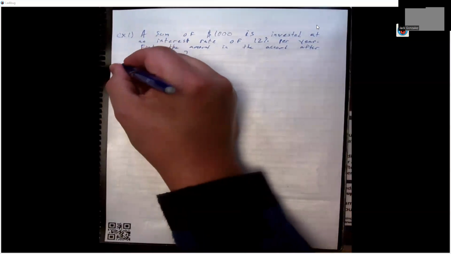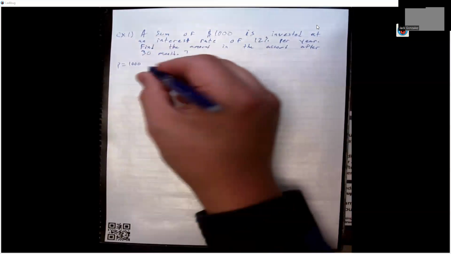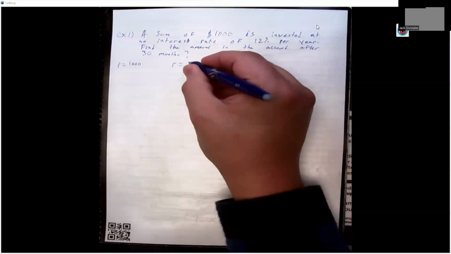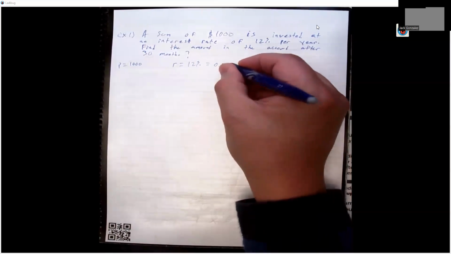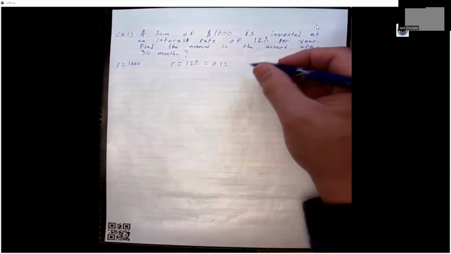So first things first, what is P? P is principal, $1,000, right? What is my rate? Yeah, 12%, or what needs to be used, 0.12, right? Alrighty.